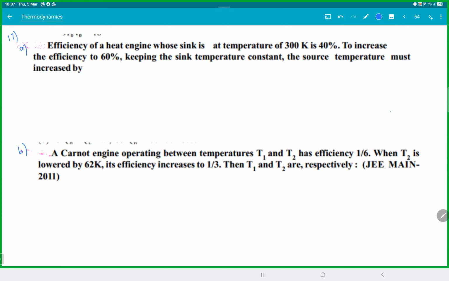Look at the first one. Efficiency of a heat engine whose sink is at a temperature of 300 Kelvin is 40%. So efficiency is 1 minus T sink by T source. This is the formula.